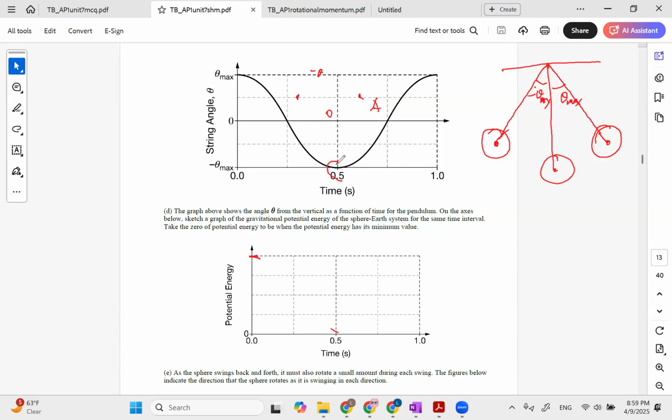0.5 is here, right? If this is A, this is O, 0.5 will be B, right? And this is 0.25, right?